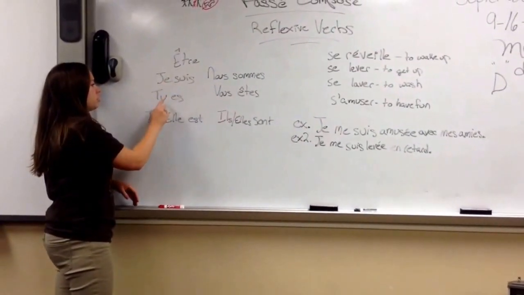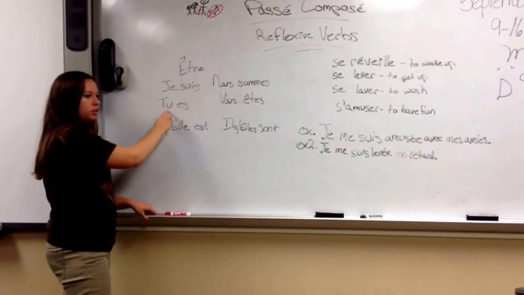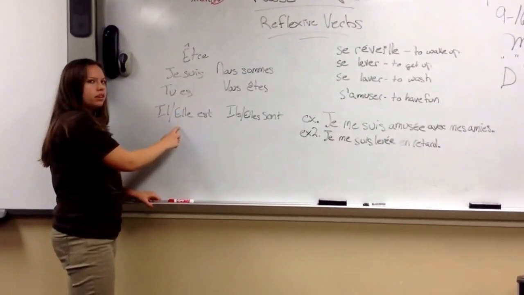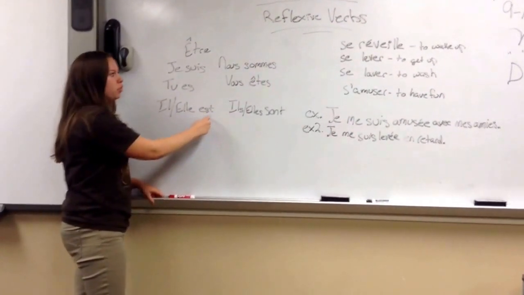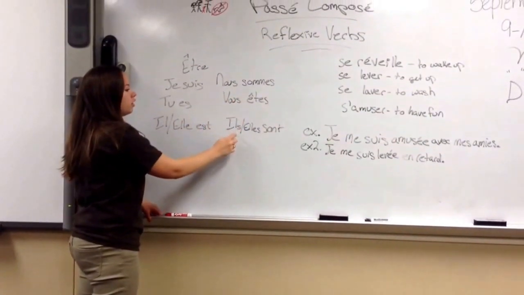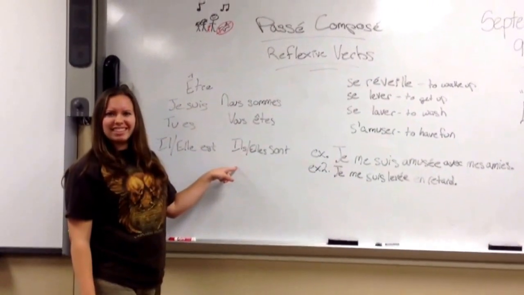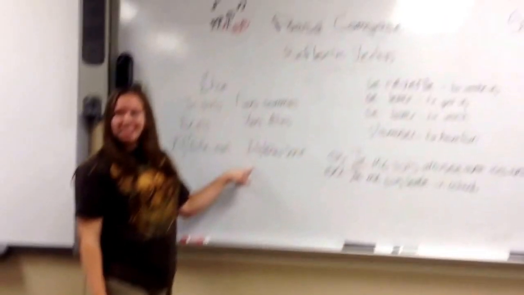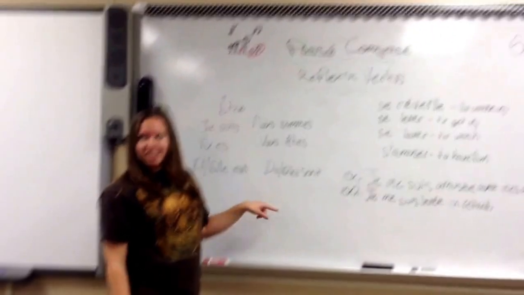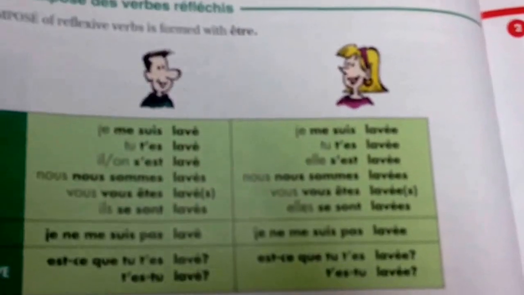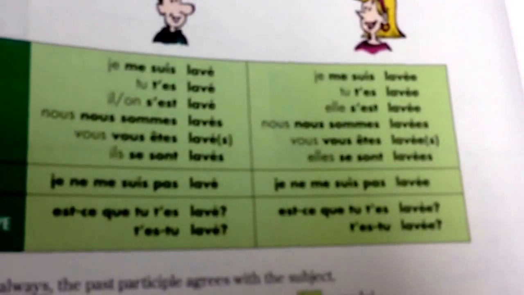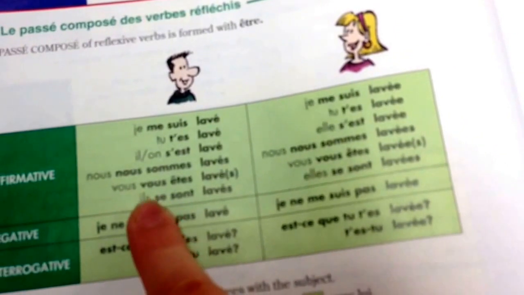Je me, tu t'es, il or elle se, nous, vous. Is it just se? I think it's just se. It's in the book somewhere. We're going on a scavenger hunt. Look at that. That's what we need to know. Right there. Yeah, it's just se. Okay.